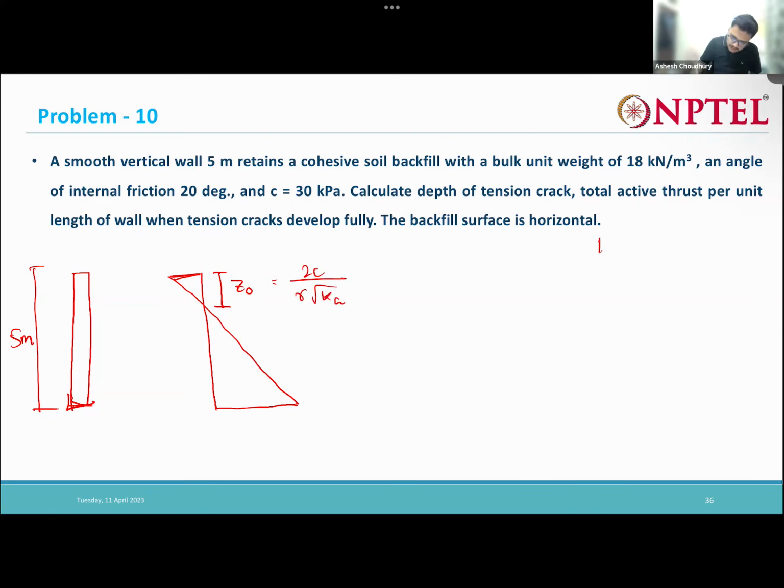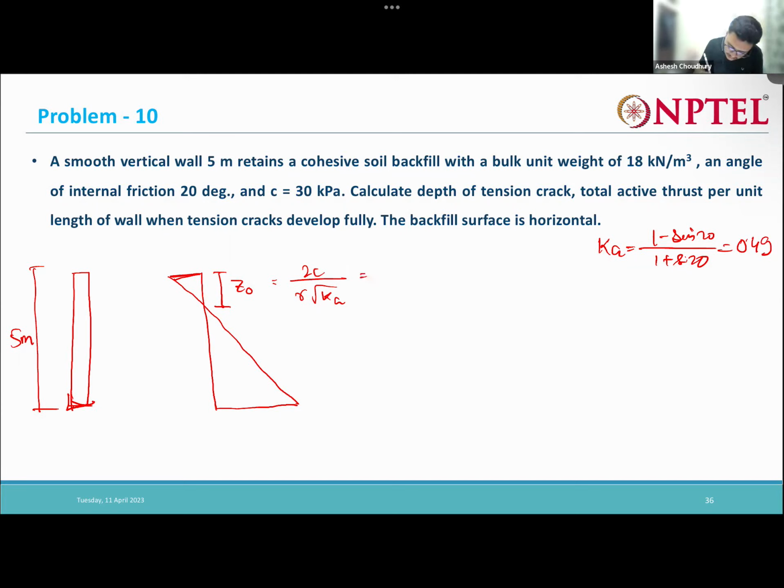What is Ka? 1 minus sine 20 by 1 plus sine 20, which is 0.49.